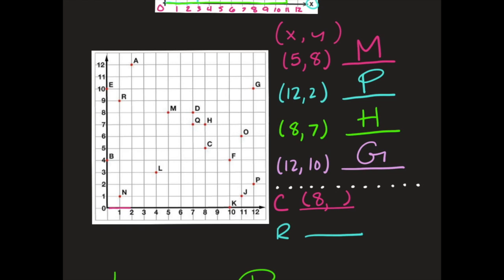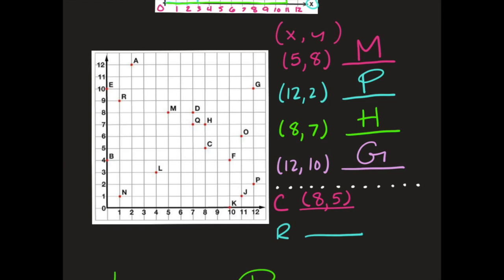I'm going to go all the way up, and it looks like you can kind of see over here, I end up at 5. So the coordinates 8, 5, that is letter C. And if you finish and you want to check your work, I'm going to go over 8, I'm going to go up 5, and yes, that lands me at C.